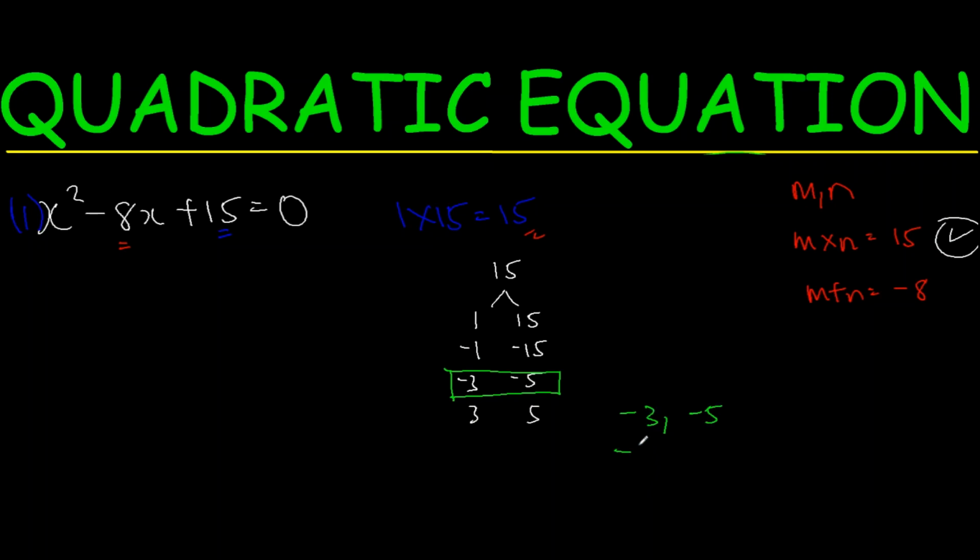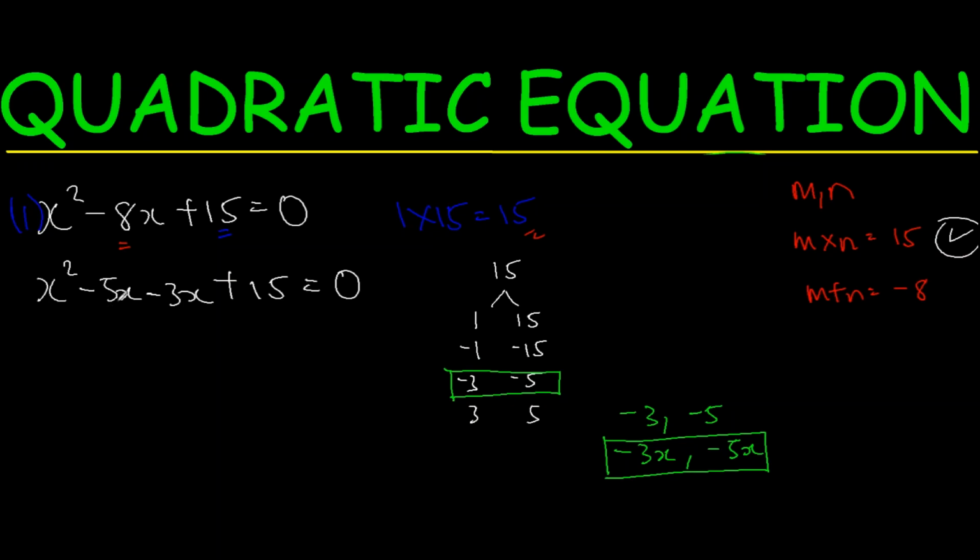Or we can say minus 3x and minus 5x, because we are going to replace minus 8x in our equation with these. So now let's complete our equation. We have x squared, minus 5x minus 3x plus 15 is equal to 0.